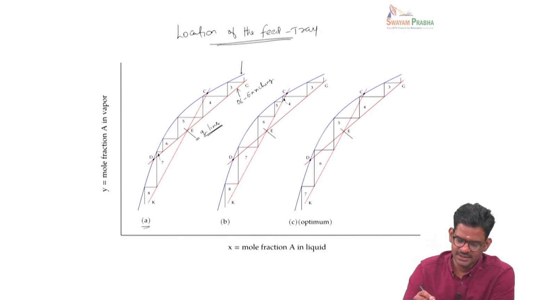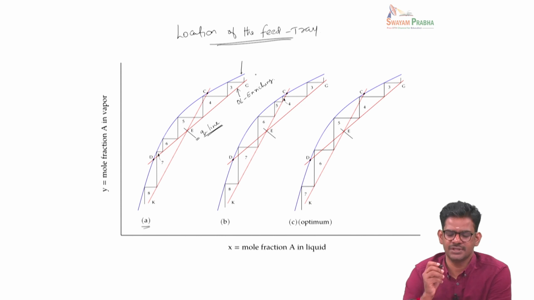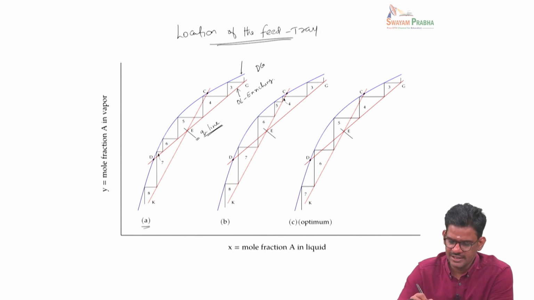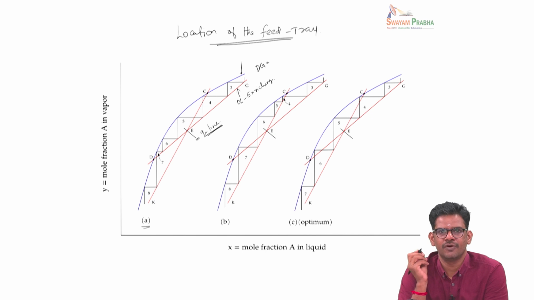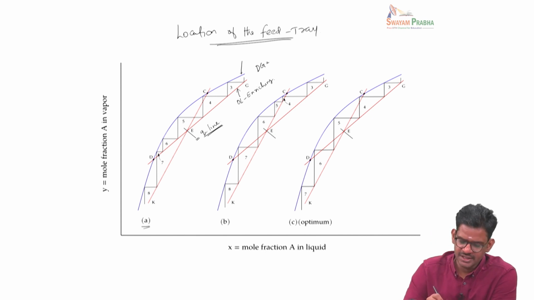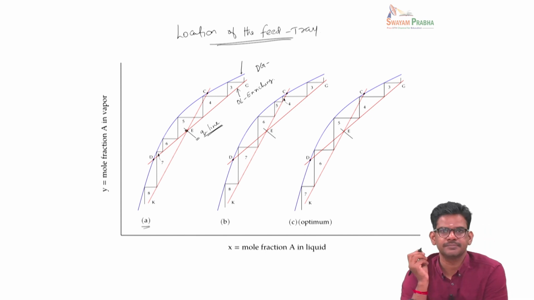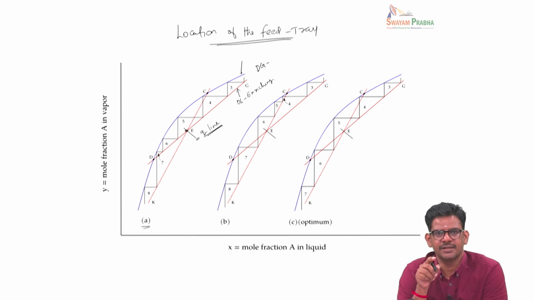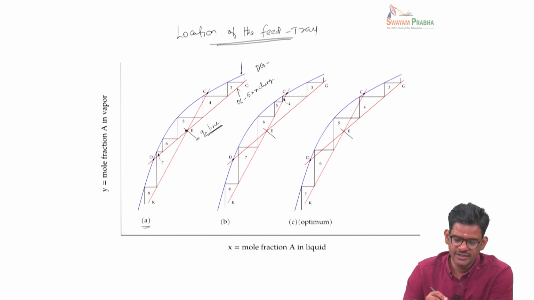You can see that this line DG is the operating line for the enriching section. It meets the q line at this point E. Since the q line is where both operating lines intersect, the exhausting line will also go through the same point E, and the other end of it would be at the residue composition.